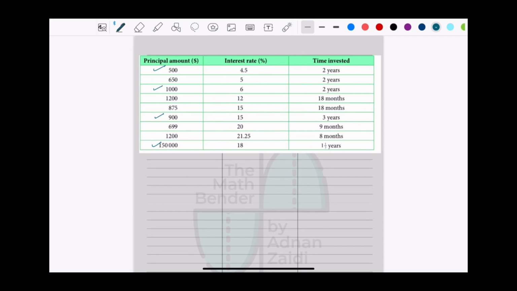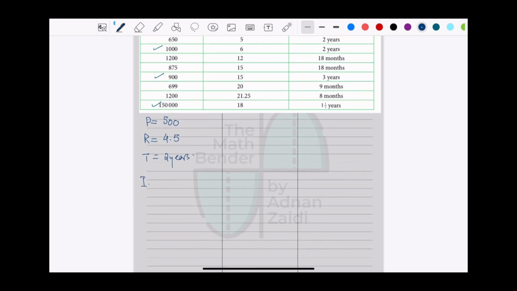Let's say for the first one, the principal amount here is 500 US dollars, rate is 4.5%, time is going to be 2 years. So interest is going to be PRT over 100, which is 500 times 4.5 times 2 over 100.